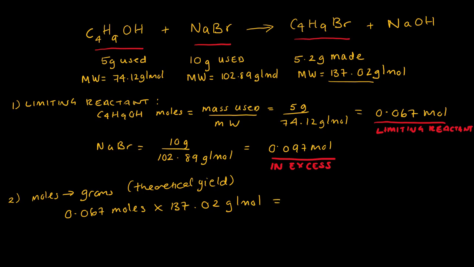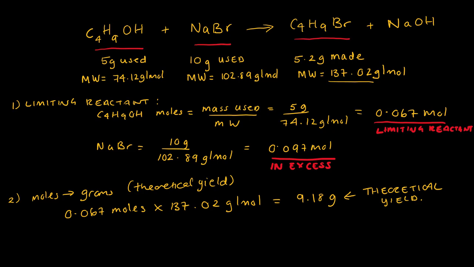And when we get that, we will find that it is 9.18 grams. And this is our theoretical yield. We've mentioned this before, this is the absolute maximum mass of product that we can possibly make in the lab, assuming the most perfect conditions. The likelihood of us ever making that theoretical yield is slim.